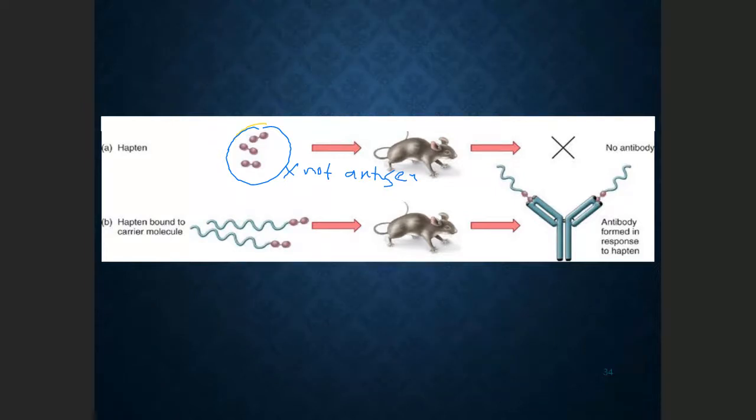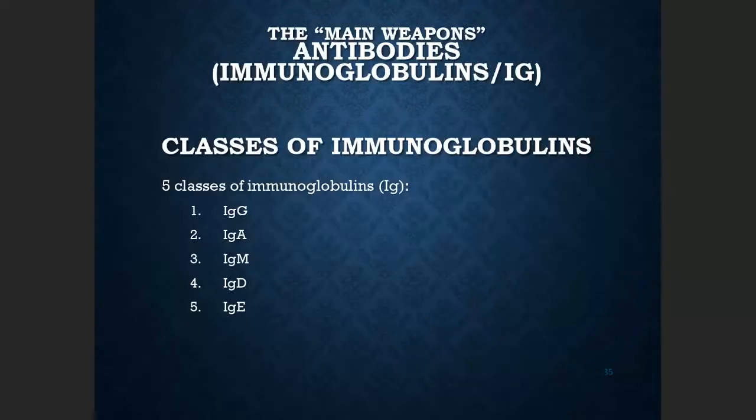However, if the small proteins bind to something, another protein for example, then it becomes bigger and it will provoke the immune system. Then this becomes an antigen. So an antigen is anything that will provoke our immune system.